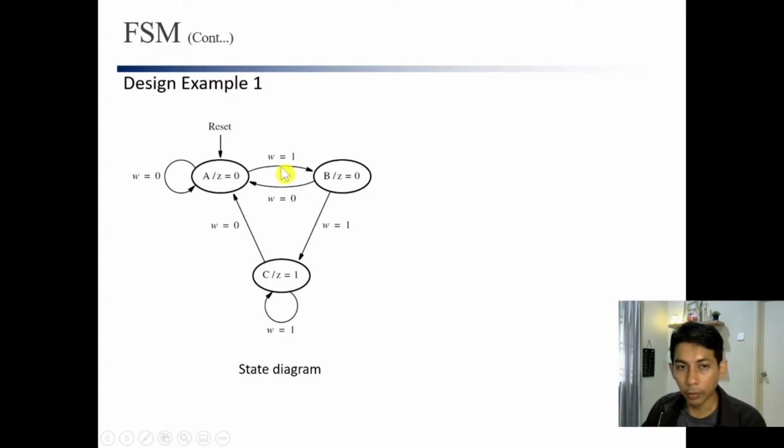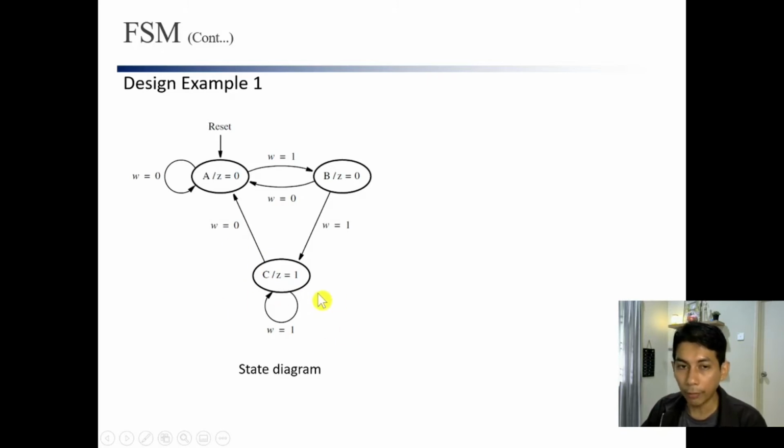So for example, we now have three states. You need at least two flip-flops, because the first state you may want to represent using 00, the second one is 01, and the third one is 10. 11 doesn't have any state.